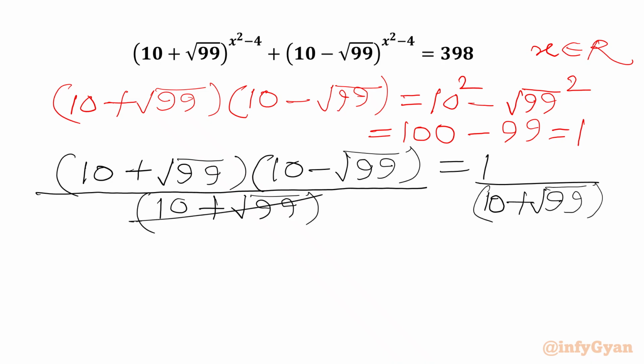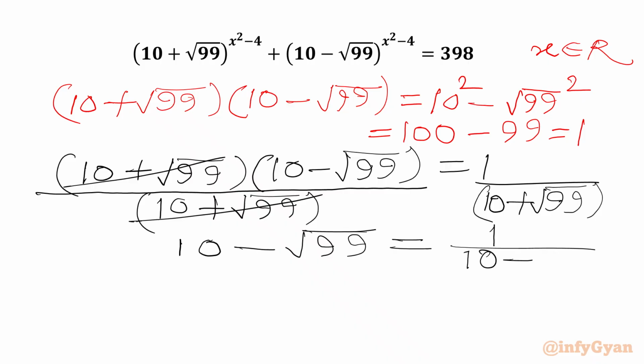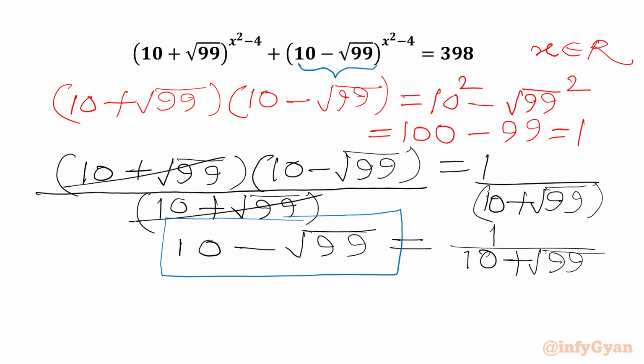Now we will cancel 10 plus root 99 from the LHS. So it will be left with 10 minus square root 99, and the value will be equal to 1 over 10 plus square root 99. Now if you see in our equation, 10 minus square root 99 is there. So we are going to put this value equal to 1 over 10 plus root 99 in our equation here.